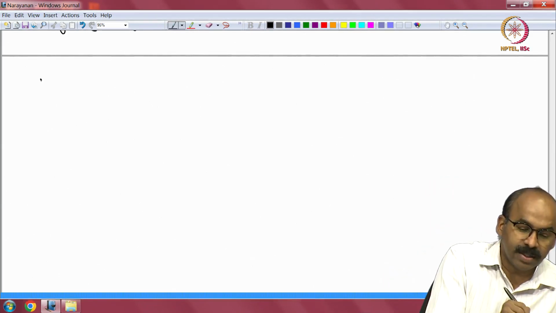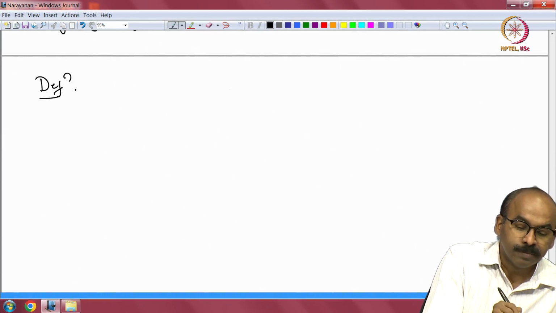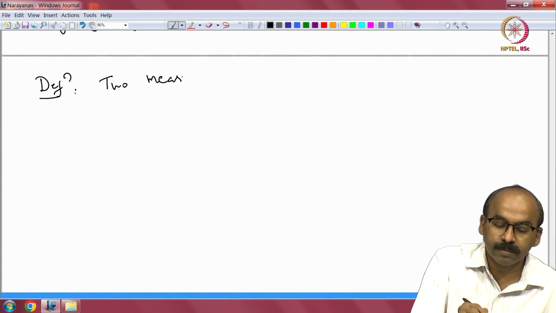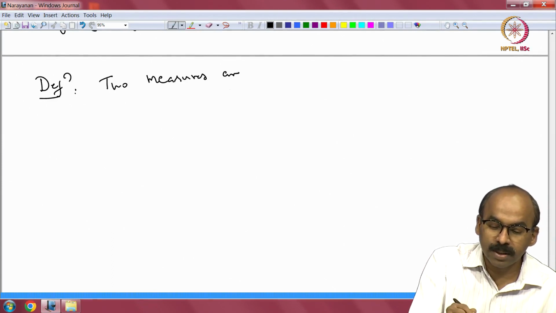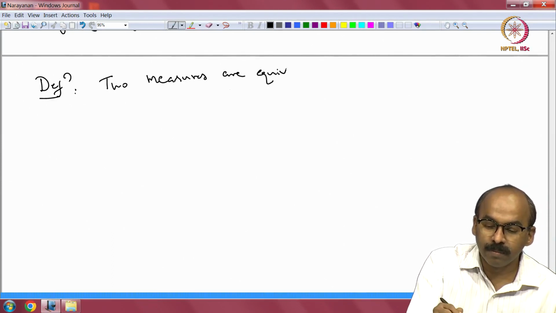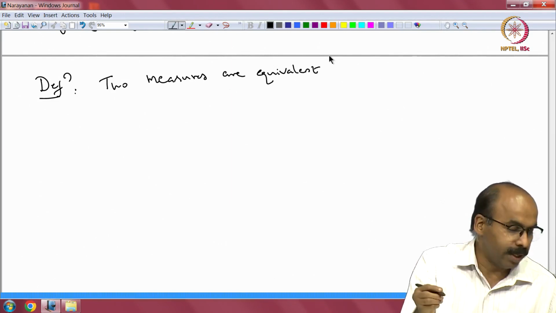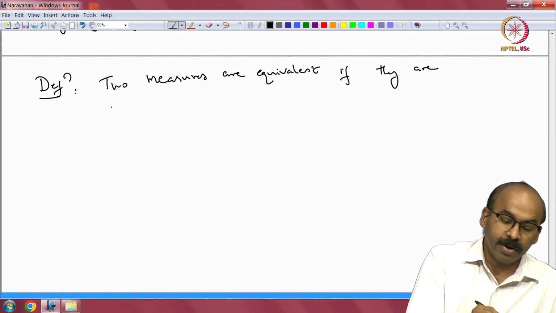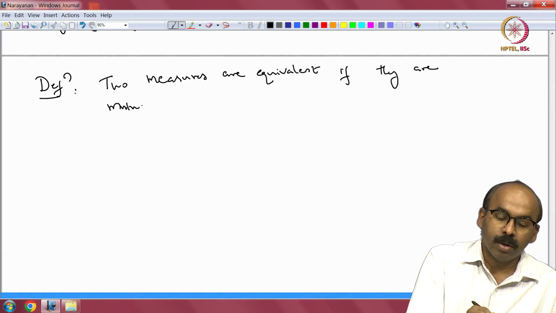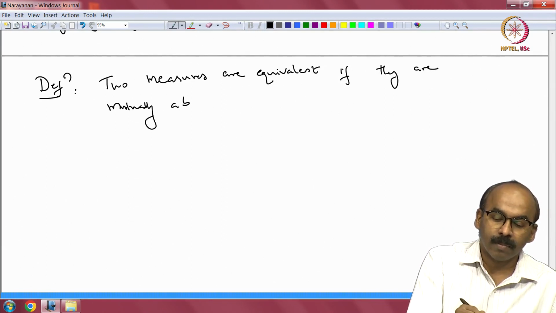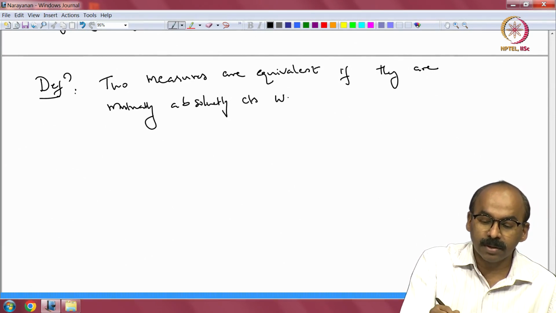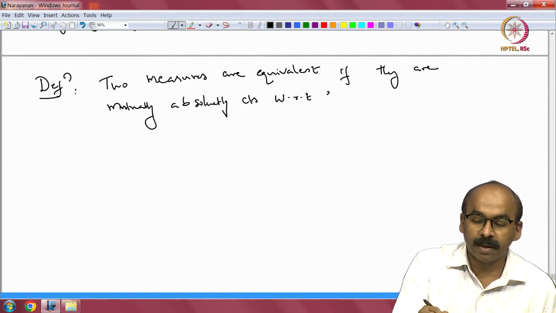Okay. So, definition: two measures are equivalent if they are mutually absolutely continuous with respect to each other.